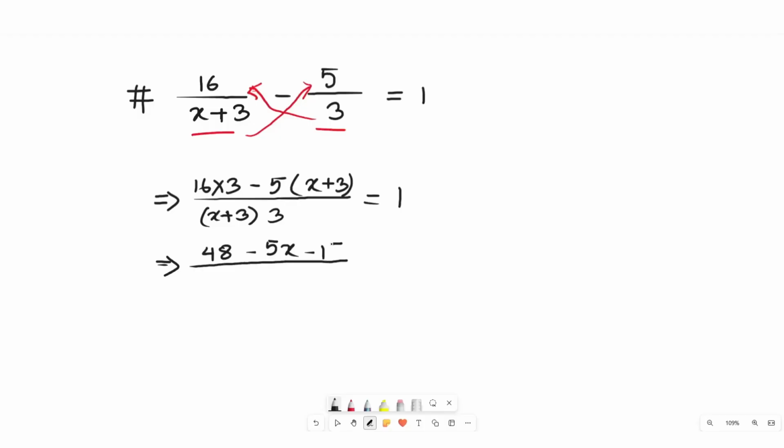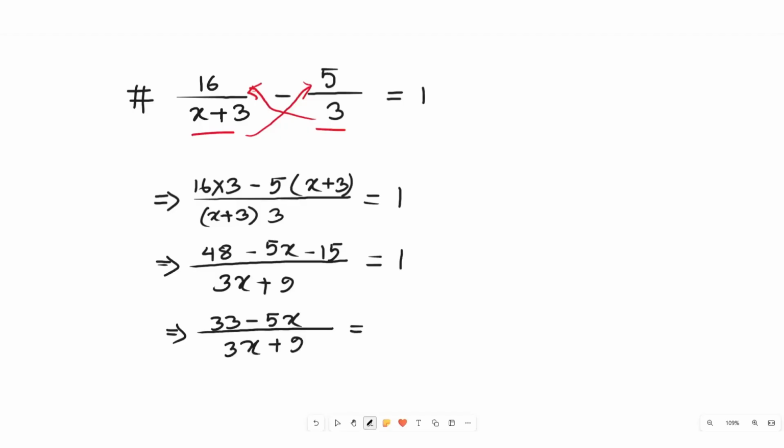So (48 minus 5x minus 15) divided by (3x plus 9) equals 1. Now we have to simplify this fraction a little bit more. So 48 minus 15 equals 33. So (33 minus 5x) divided by (3x plus 9) equals 1.